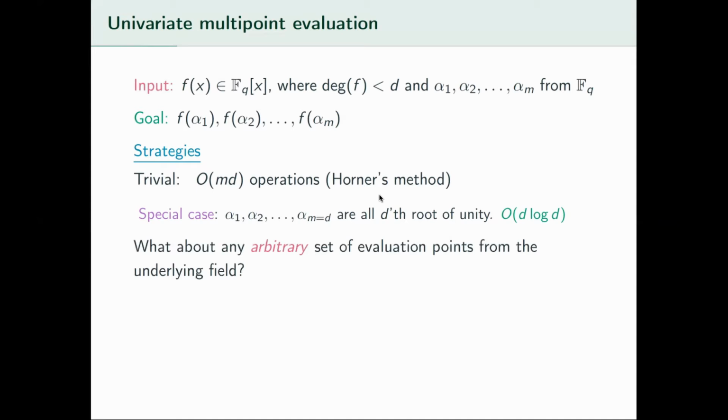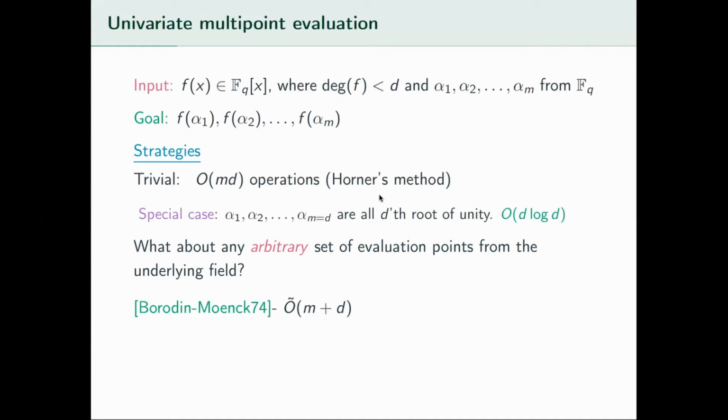Okay, so what about any arbitrary set of evaluation points? Because when these alphas have some structure, like they are all dth roots of unity, then we can do much better than the trivial thing. So we ask the same question for an arbitrary set of evaluation points from the underlying field. Borodin and Munro in 1974 gave a nearly linear time algorithm which works for any arbitrary set of evaluation points.